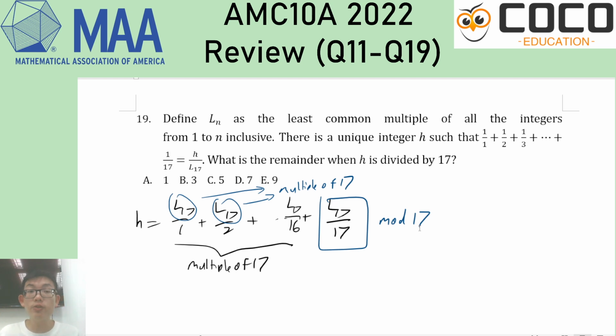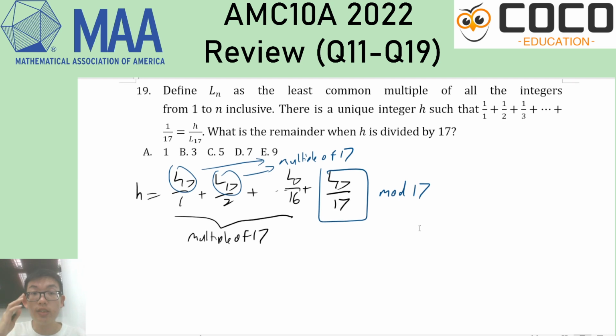Now, the easiest way to do this is just to find the LCM. How you find the LCM is you look at each prime number up to 17 and ask yourself, what is the biggest power from 1 to 17? The biggest power would be the one that you need to satisfy, because think of it as the LCM is just satisfying a bunch of greedy numbers that says, no, give me my factors, give me my factors.